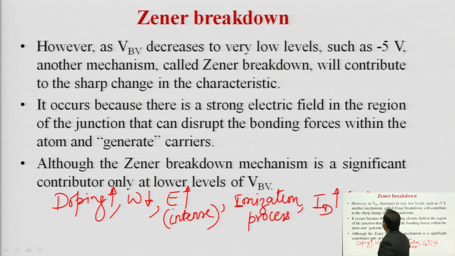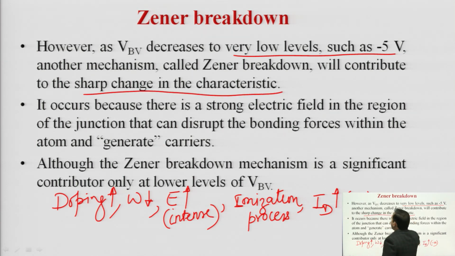We can see that this Zener breakdown occurs at low levels of voltage such as -5 volt, and this contributes to a sharp change in the IV characteristics of the diode.